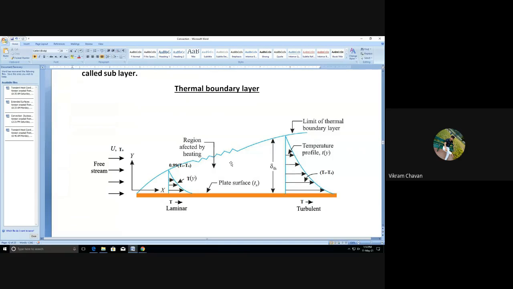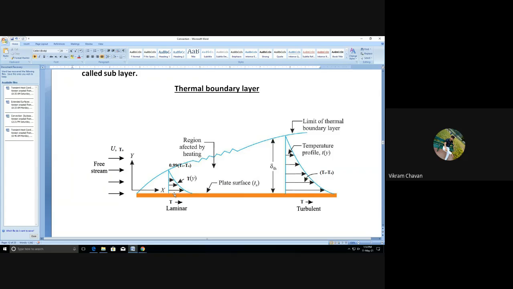This region is called the thermal boundary layer region, and this curve shows the limit of the thermal boundary layer. Below the curve we get temperature variation with respect to y, and beyond it the temperature equals the initial temperature of the fluid, that is T_A.